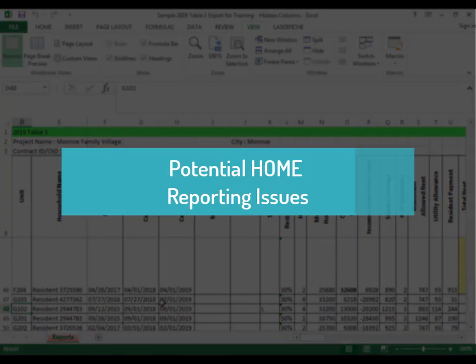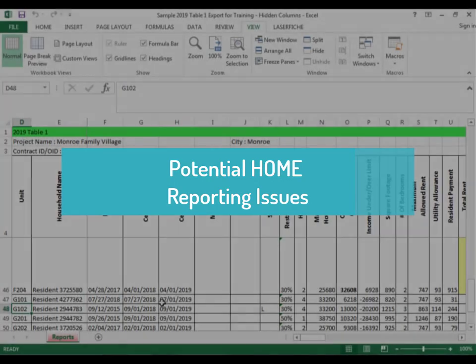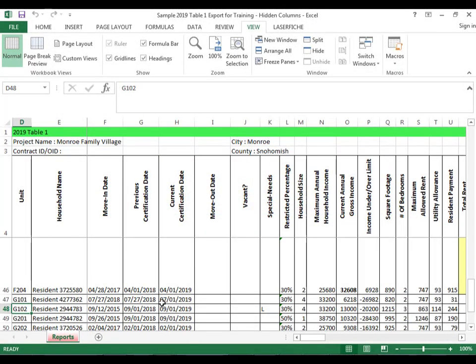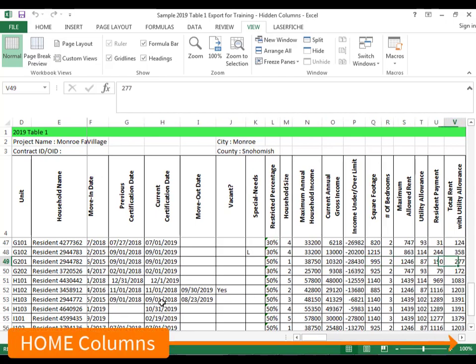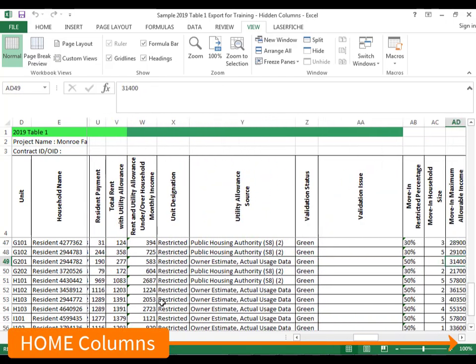The sections that we're going to get into now, the next couple of units, I want to point out some units for HOME. Again, the Commission is not a HOME funder, so I am definitely not a HOME expert, but I do want to show you some things that the Excel export points out as potential HOME issues. Now, the HOME columns are way to the right on this report, so bear with me.